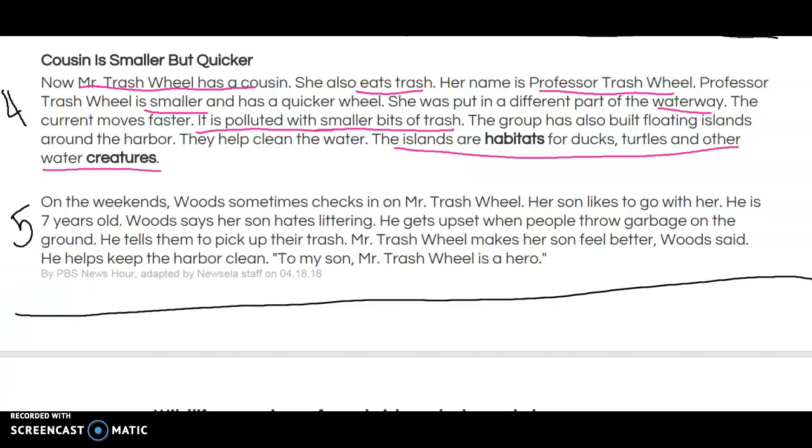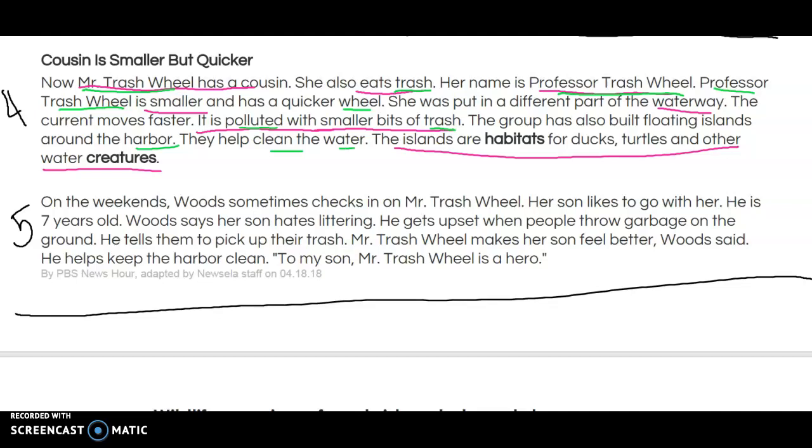Let's go ahead and underline our repeated words. Mr. Trash Wheel, Trash Wheel, trash, Professor Trash Wheel, Professor Trash Wheel, wheel, polluted, trash, harbor, clean water. Very good. All right, and our last paragraph.